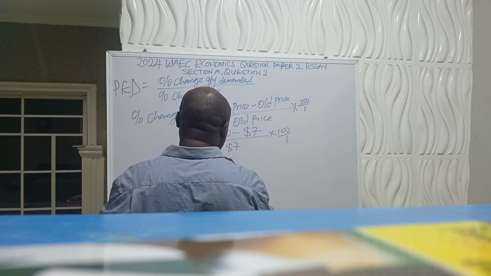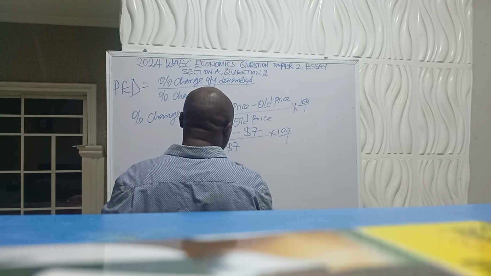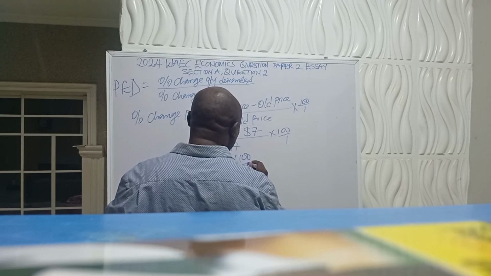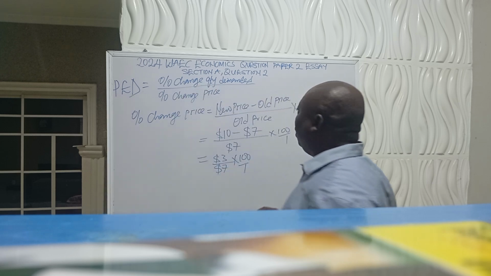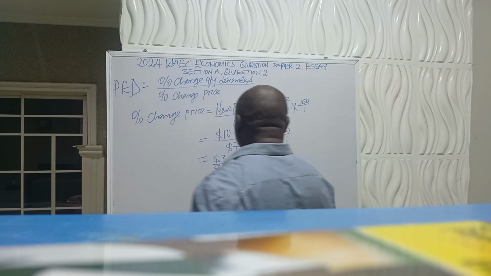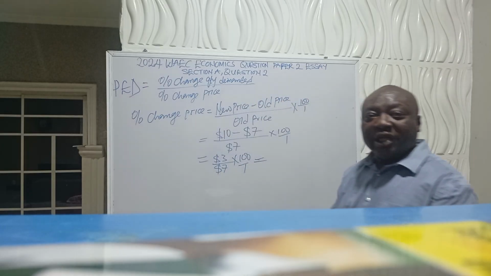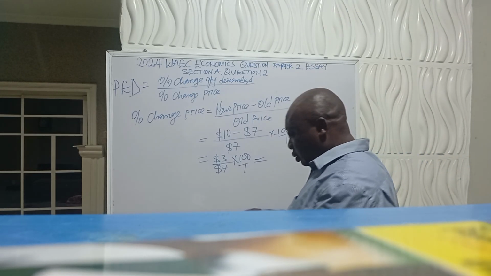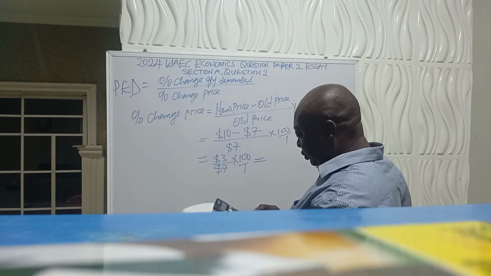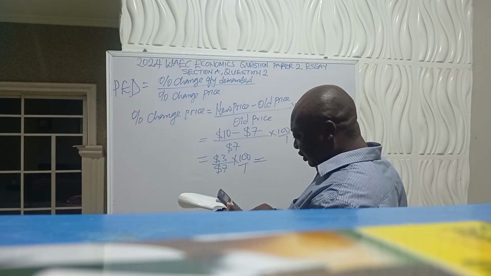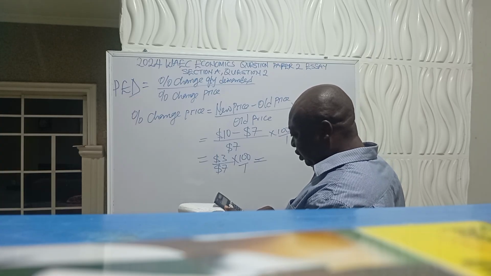It will give you $3 over $7 times 100 over 1. Okay? So what will this give you? Let's use the calculator. Okay, bring out your calculator, everyone. So 3 over 7 times 100.